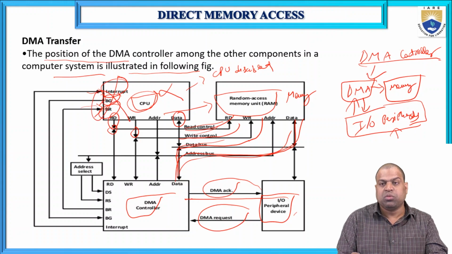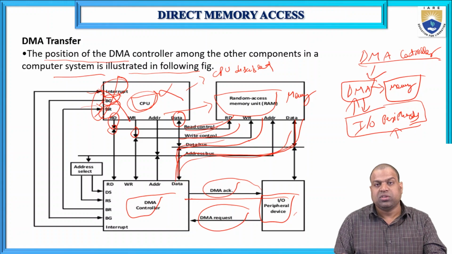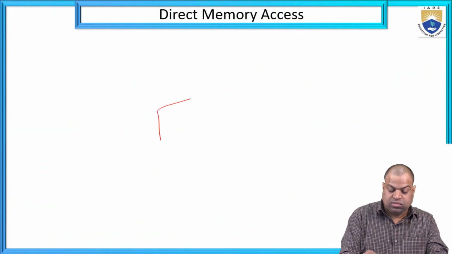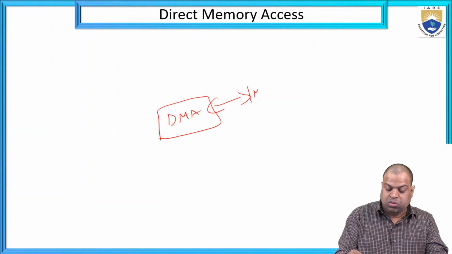Only DMA, memory, input output. There is no interrupt, no bus grant, no bus request. Only DMA through memory. What does that mean? Read, write, address, data, connected to the memory, RAM or ROM, and input outputs are connected to DMA through DMA acknowledgement and DMA request.